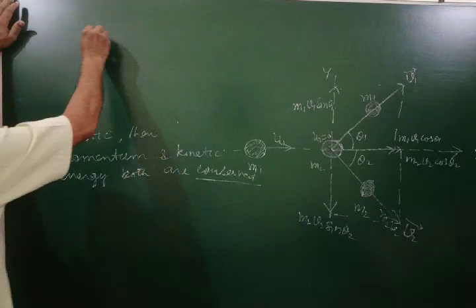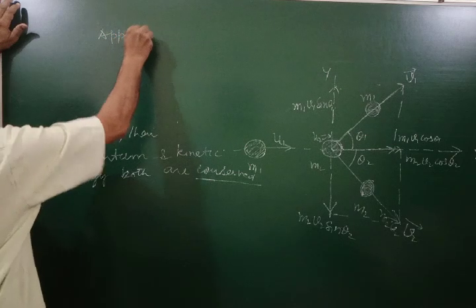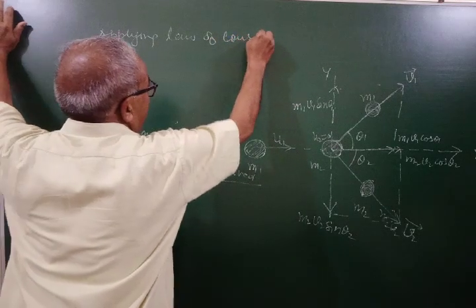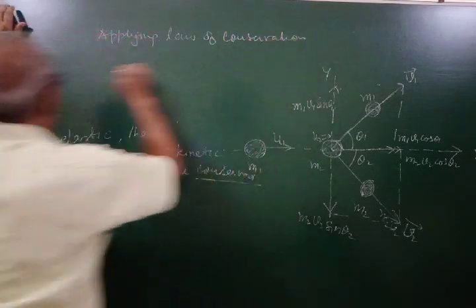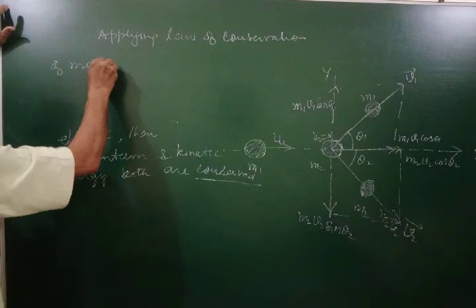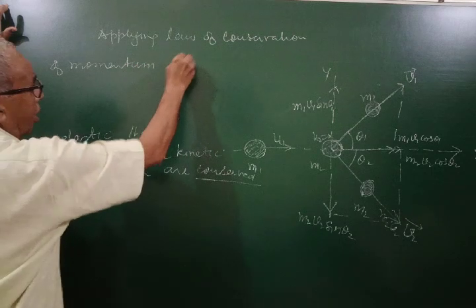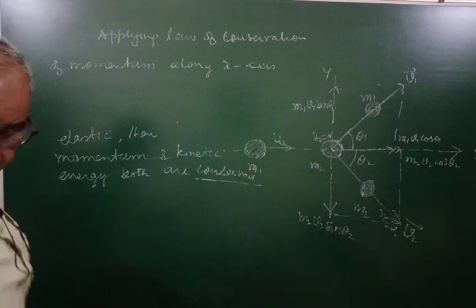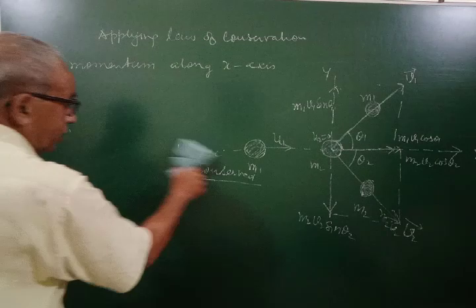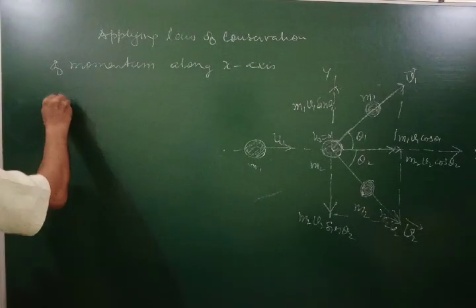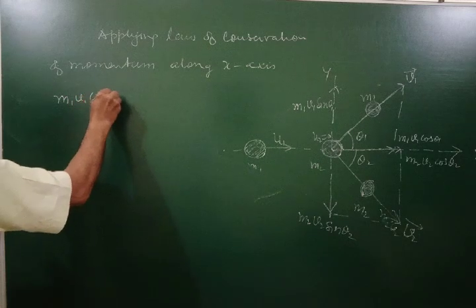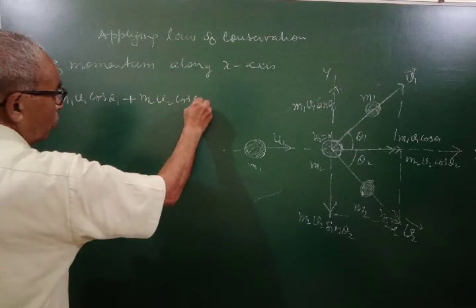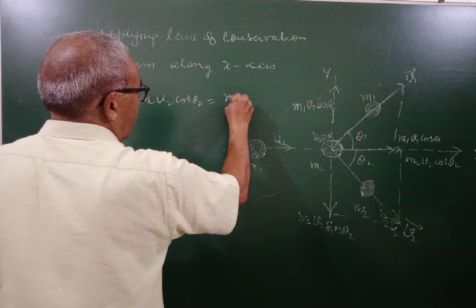So applying the law of conservation of momentum along the x-axis, we get final momentum along the x-axis: m1 v1 cos theta 1 plus m2 v2 cos theta 2, and initially only m1 u1.